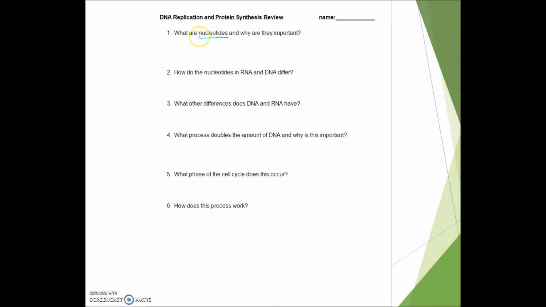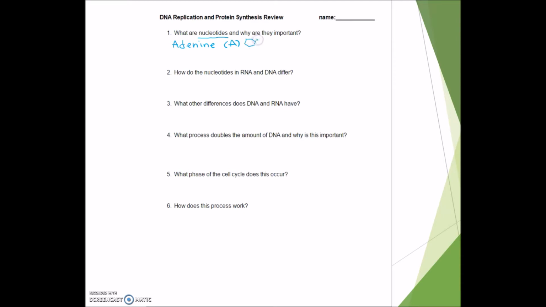So we have 5 different nucleotides. We have adenine. That is, we just use the A. Okay, and it's a molecule that has 2 carbon rings. So it's kind of like this little shape here.